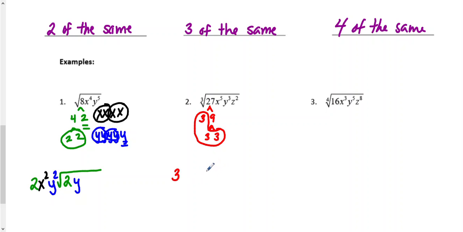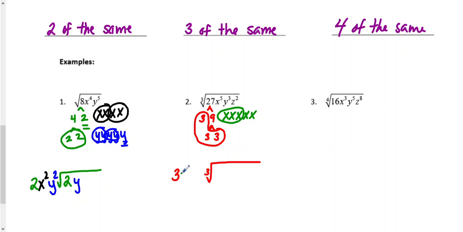I'm going to leave some space. And I need the cube root still there for the rest of my letters. Notice I put the 3 with the cube root. That's really important. Alright, so now let's look at my letters. I have 5 x's, so I'm going to draw that out. Remember, I need 3 of the same.